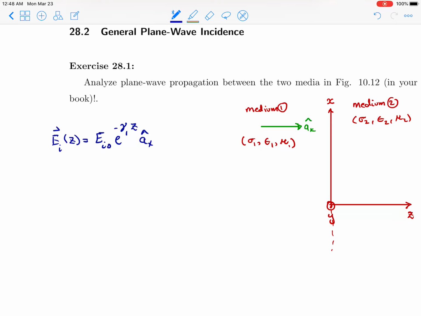The electric field has only an x component, so the magnetic field should have a y component, and we can assume the magnetic field is given by this equation.